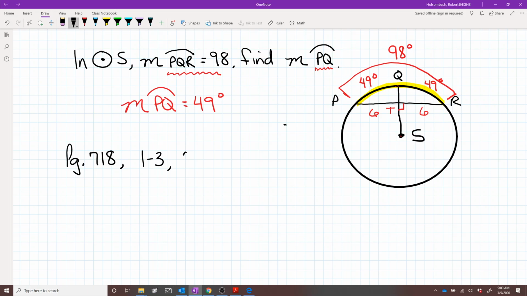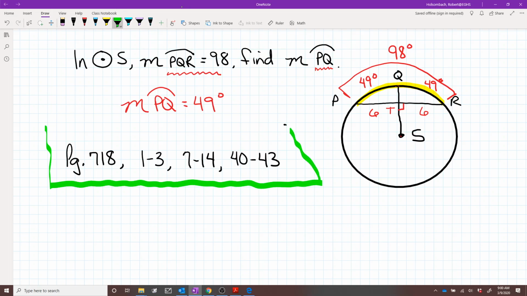Seven through 14. And then 40 through 43. Make sure that assignment is 100% complete when you get to class tomorrow, and that you've checked all the odd answers in the back of the book.